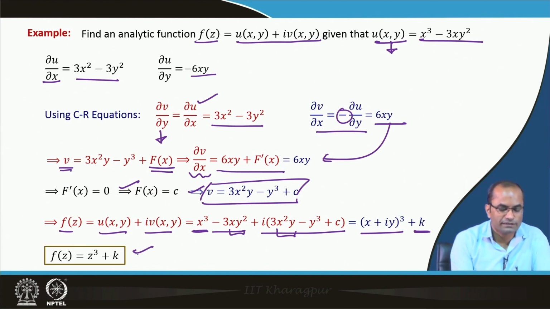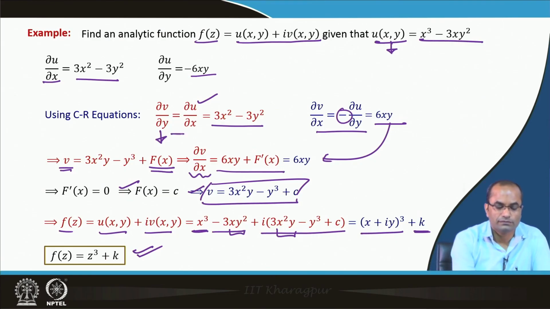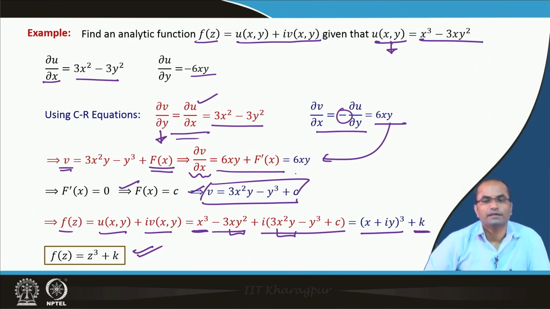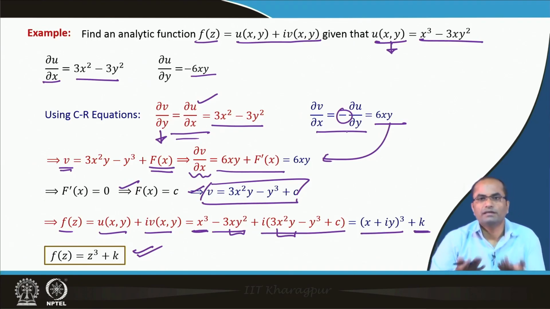So, this f z is given as z cube plus a constant k. This is an analytic function, satisfying the CR equations, which we already set equal here. So, they satisfy the CR equations, and naturally these partial derivatives are continuous.